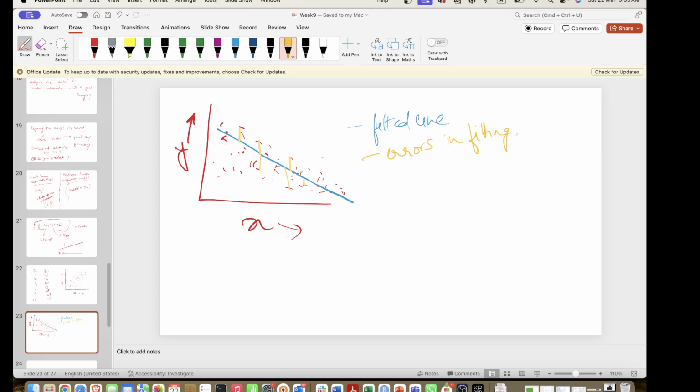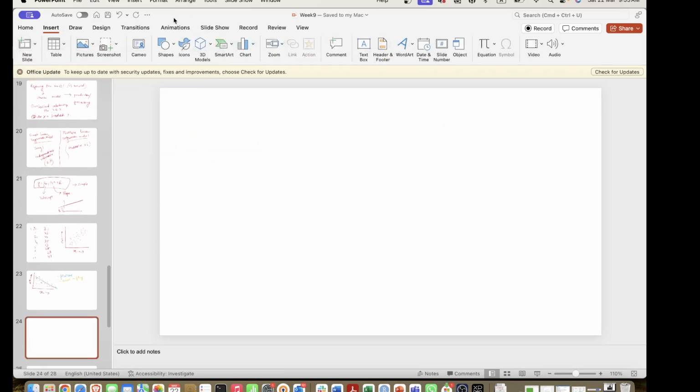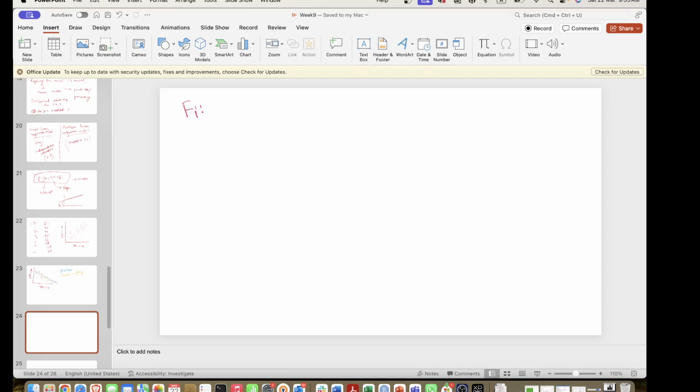Okay, so in order to fit a linear regression, we make certain assumptions. Now we'll write those assumptions here.